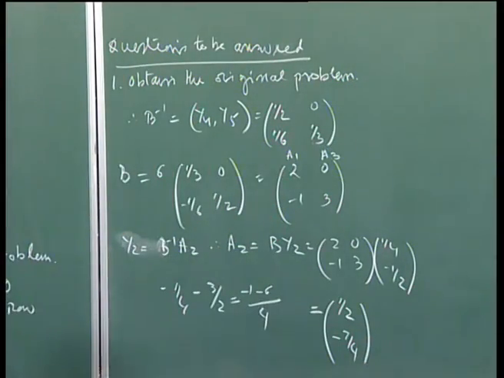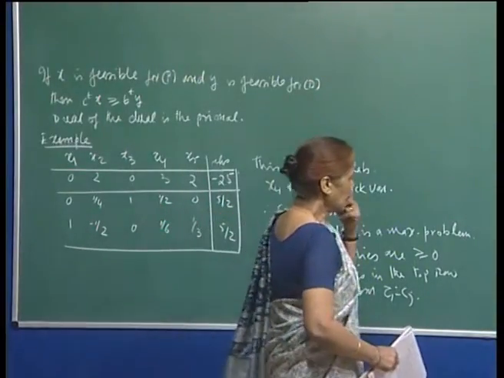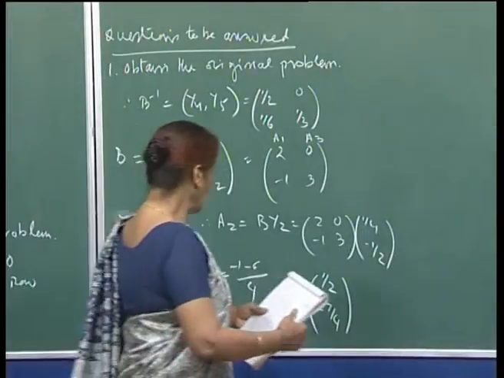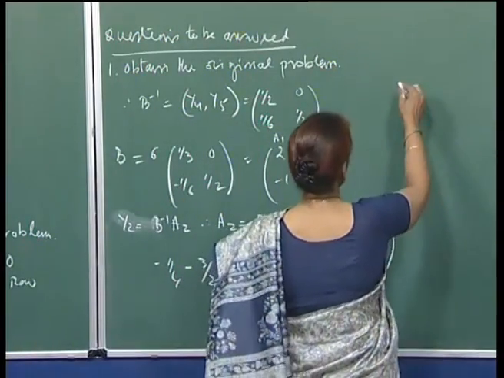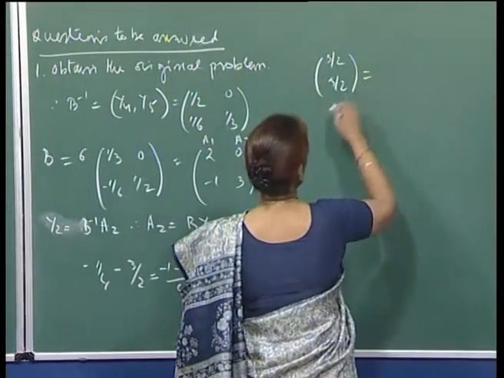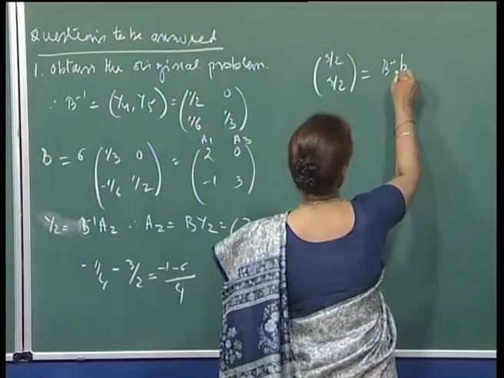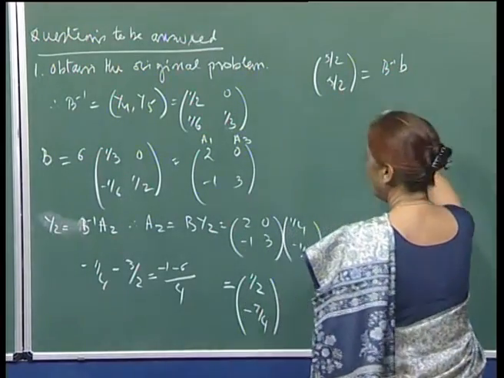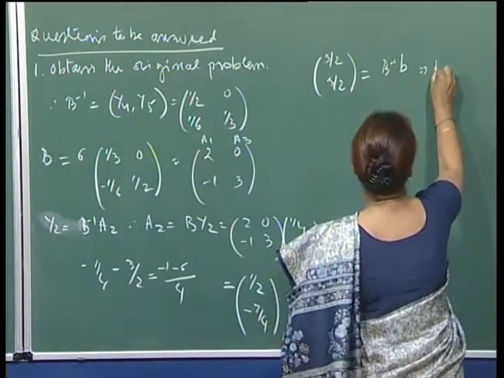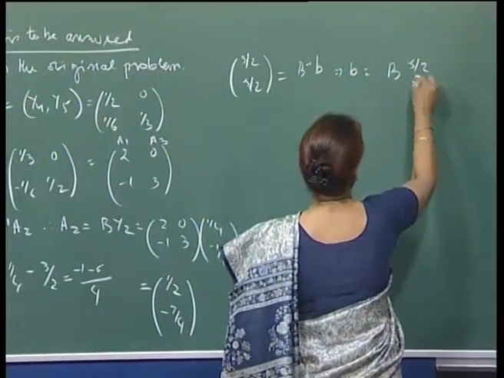So now you have the matrix A, and we want to find out B. Again we have that 5 by 2, 5 by 2 is equal to your B inverse B, so therefore your B is B times 5 by 2, 5 by 2.